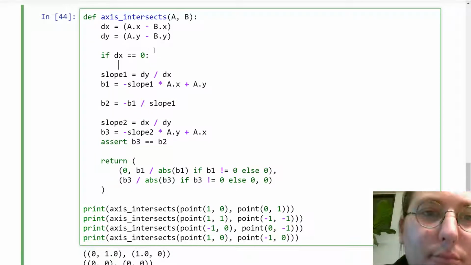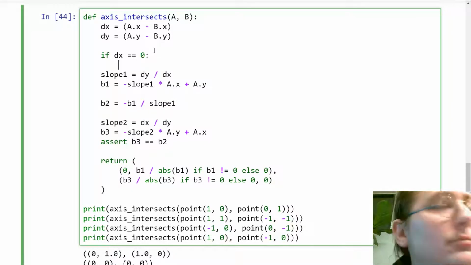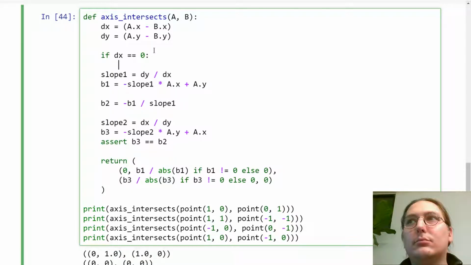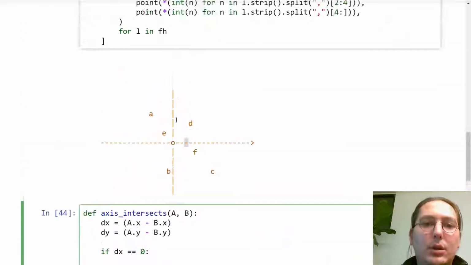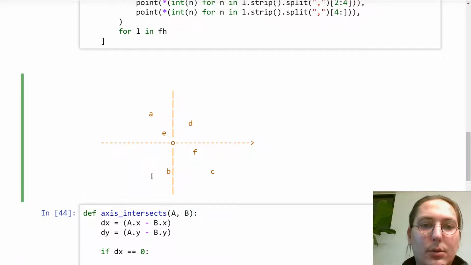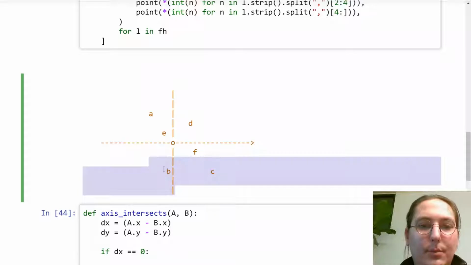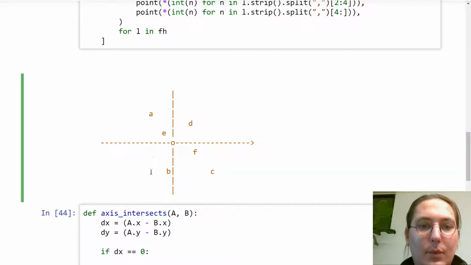If the x equals, that means a and b are the same. So if you draw a line straight down, a and b will have the same x. Let me do h.